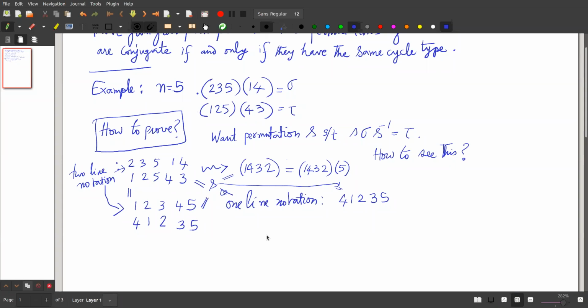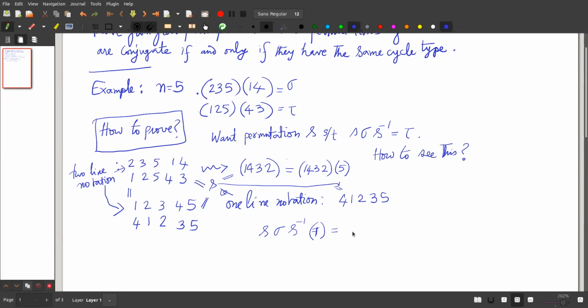But S sigma S inverse, acting at the point 1, is nothing but sigma of 1.